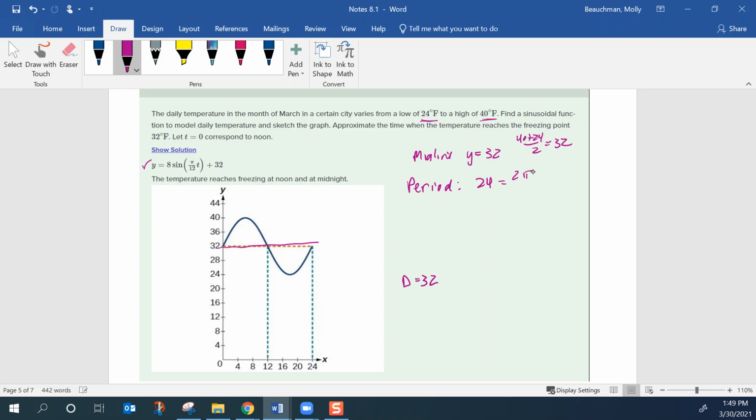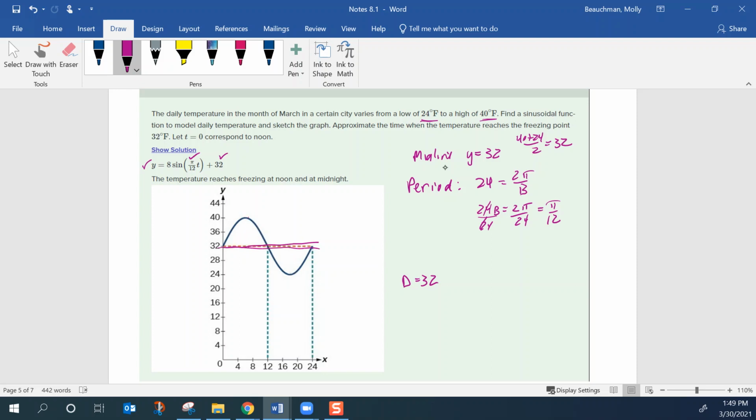24 is equal to 2 pi divided by b. So cross multiply. 24b is equal to 2 pi. Divide both sides by 24. B is equal to pi over 12. So there's our pi over 12. There's our 32. And the amplitude is from the midline to the maximum or the midline to the minimum.